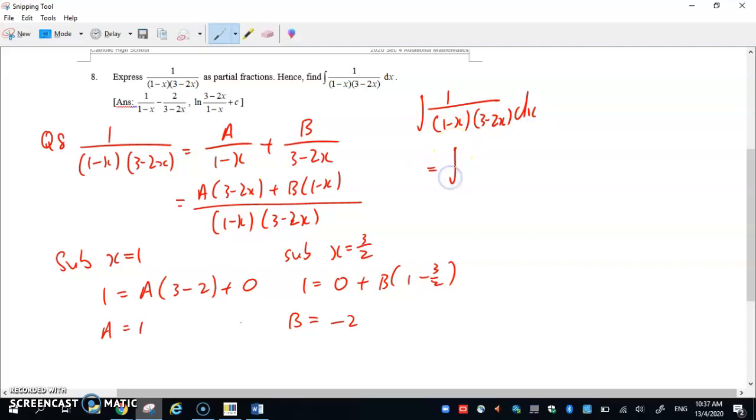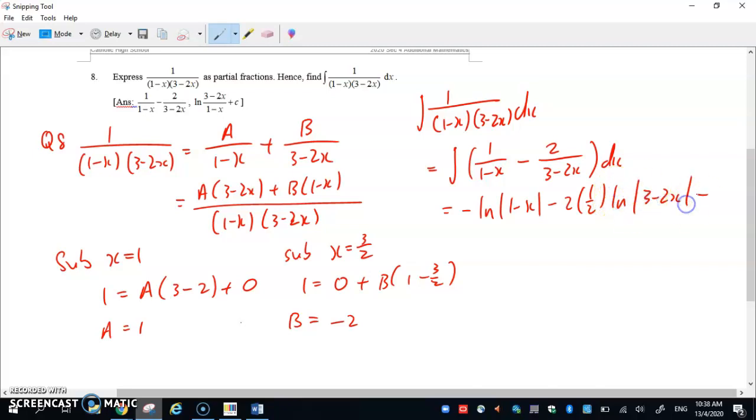So what you are actually integrating as a result is two parts: 1 over 1 minus x plus minus 2 over 3 minus 2x, dx. What you get is simply negative ln of 1 minus x. For this case, because of the chain rule, we have minus 2 times half ln of 3 minus 2x plus c. So what's your final answer?